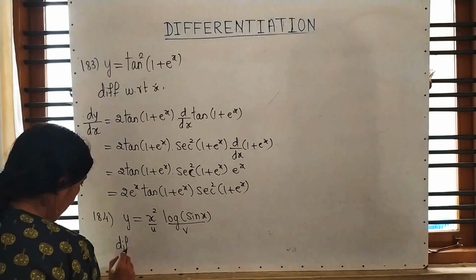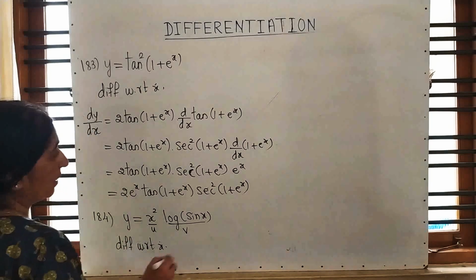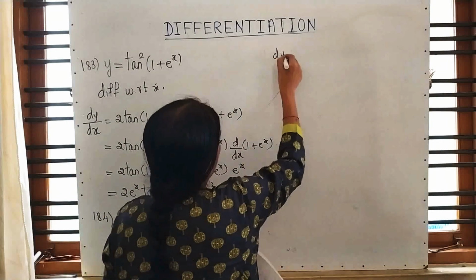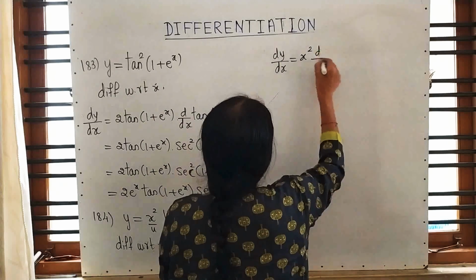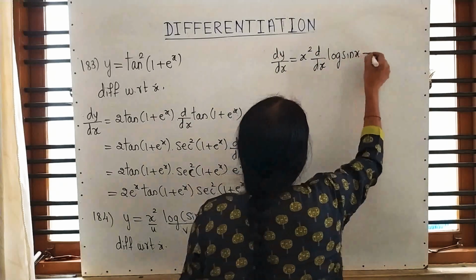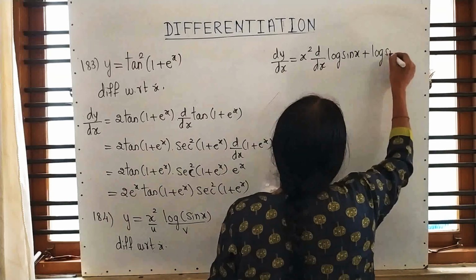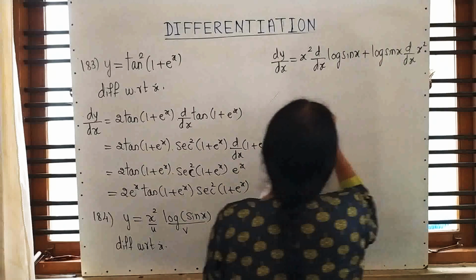So differentiating with respect to x, first we have to apply u into v, product rule. x square as it is, differentiation of log sin x. Next just interchange: log sin x as it is, differentiation of x square.